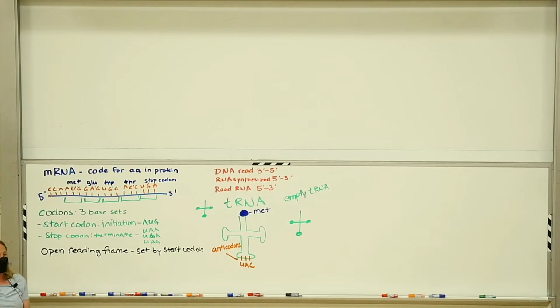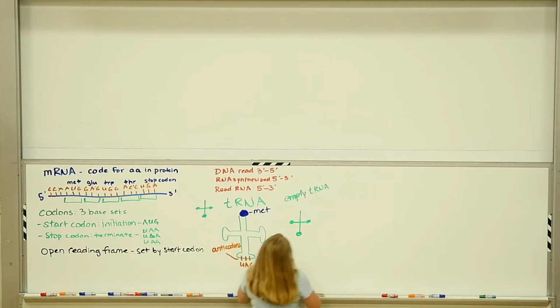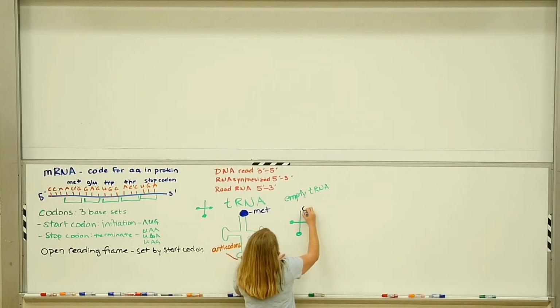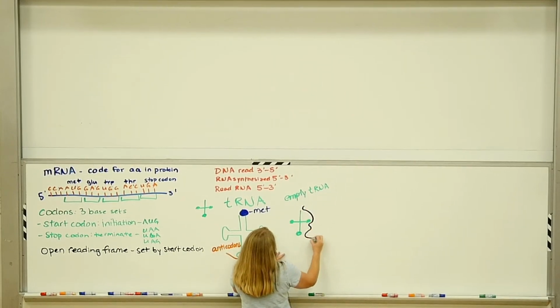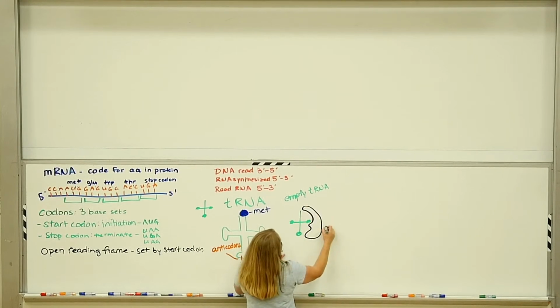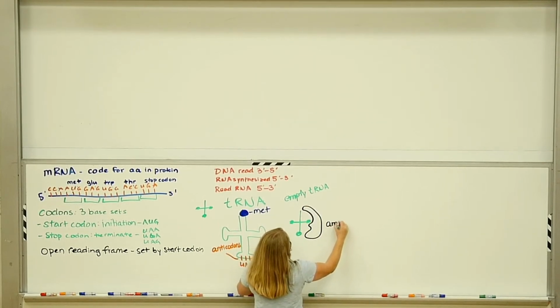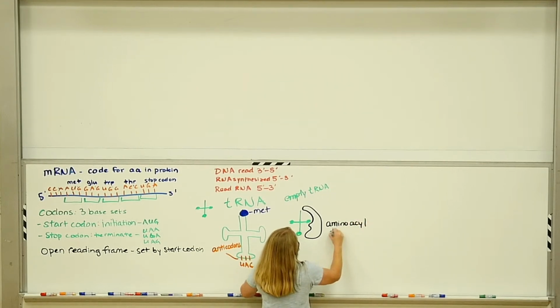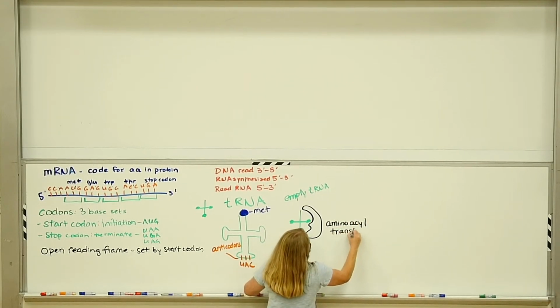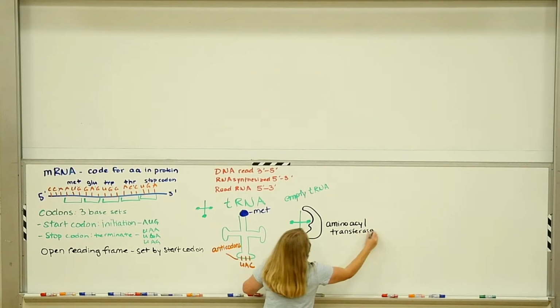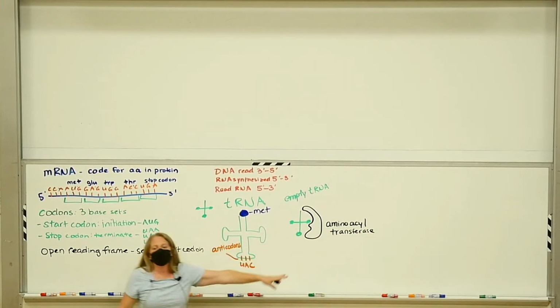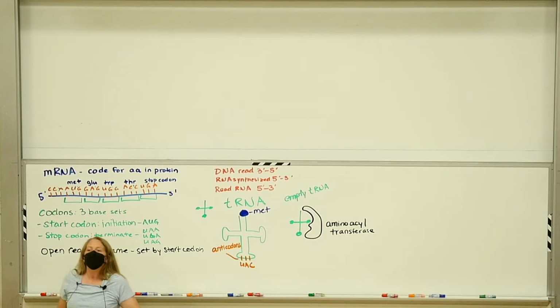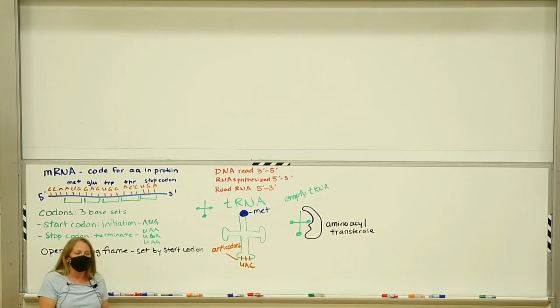We have to put another amino acid back on it so that it can do its job again. And doing that requires another protein called an amino acyl transferase. Okay, so like the name suggests, this is going to help transfer an amino acid to the tRNA.